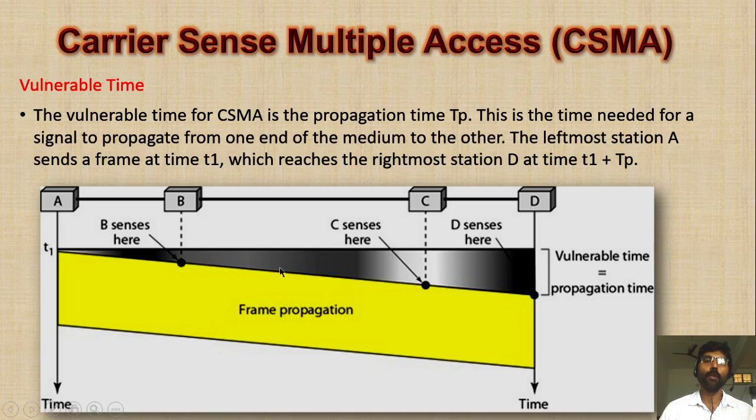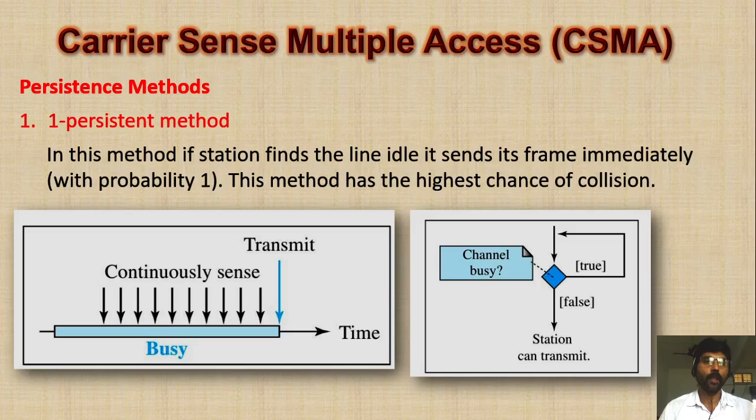It takes some more time, that is t1 plus Tp, to reach the other end called D. This Tp is called the propagation time, the additional time needed for the data to reach from A to D. This time is also called the vulnerable time.